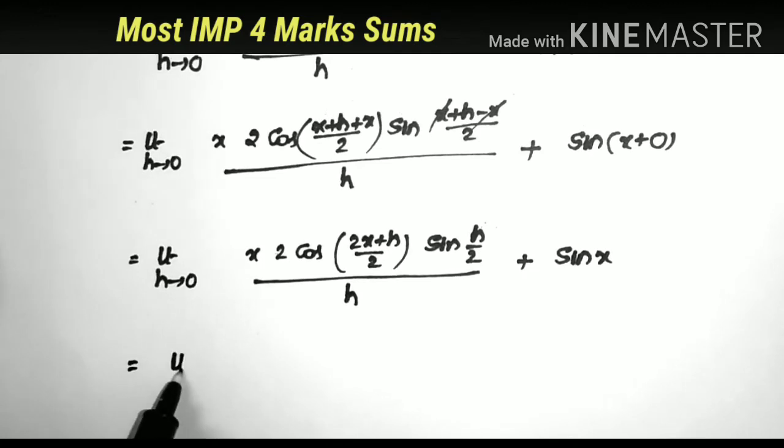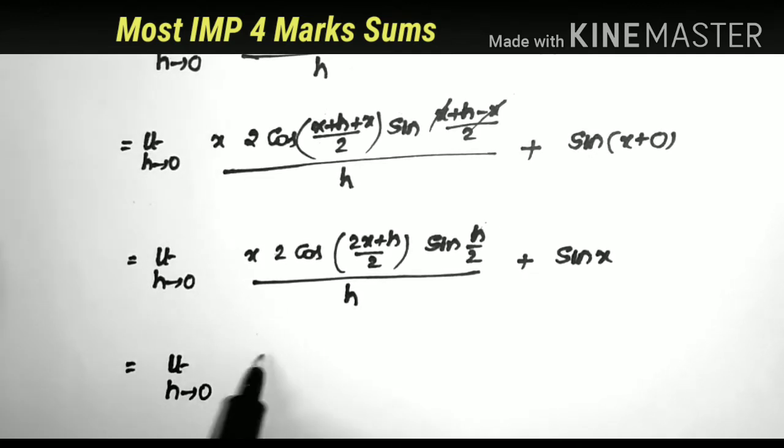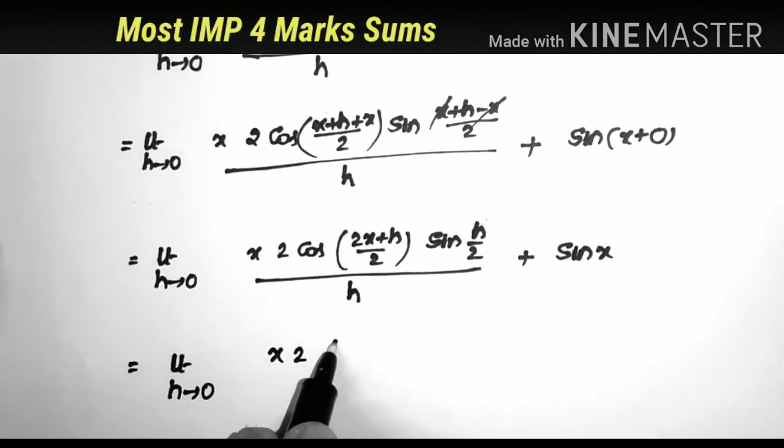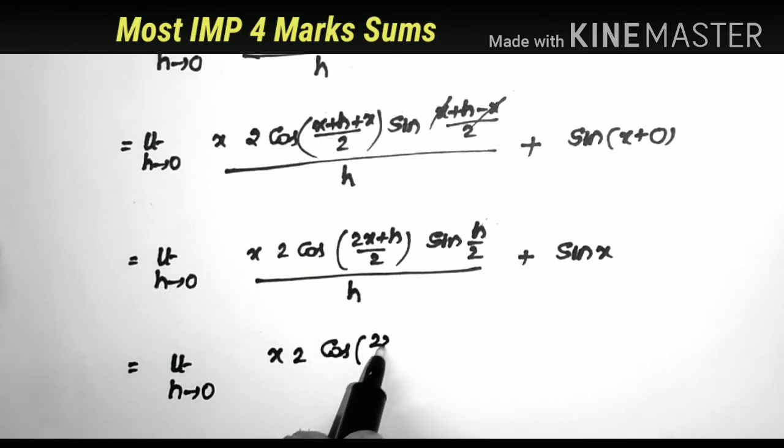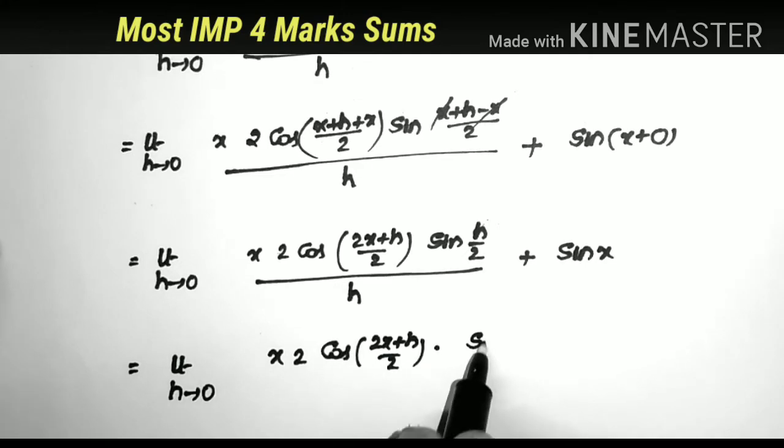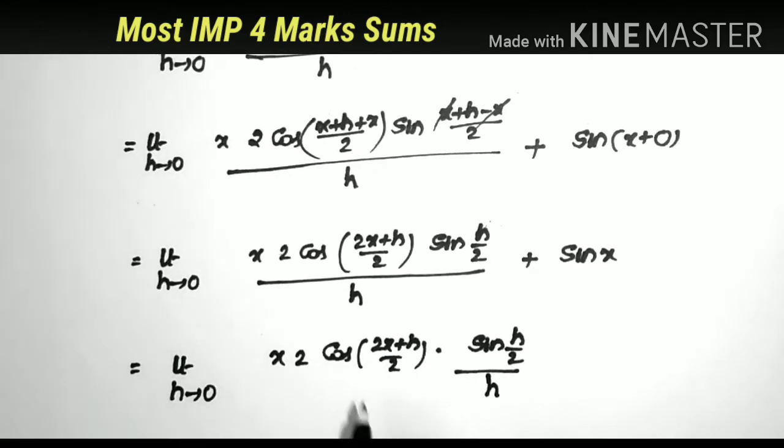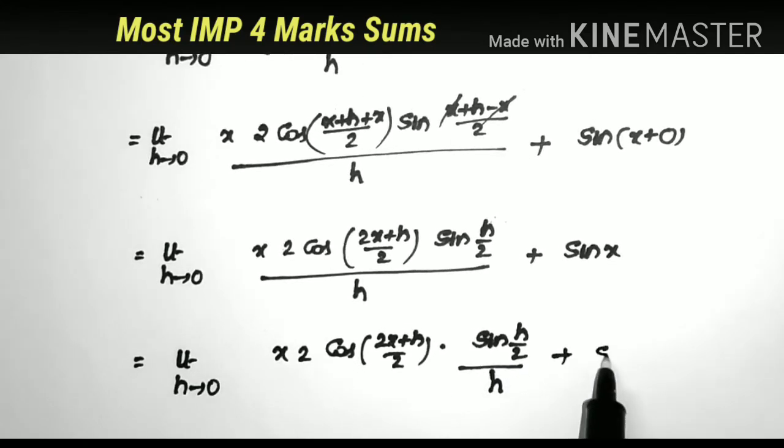And this is equal to limit h tends to 0 of x into 2 into cos of 2x plus h by 2 into, just I take the remaining value as sin h by 2, whole by h. Just I take the denominator to the last term only, like that, plus sin x.